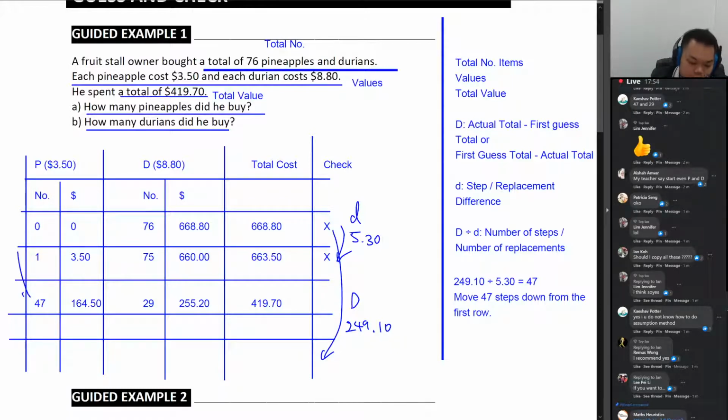So when you move down 47 steps from the first row, your number of pineapples is going to increase by 47, and your number of durians is going to decrease by 47. So you can see that by doing this, I straight away answered both part A and B. Okay, so this will be correct.